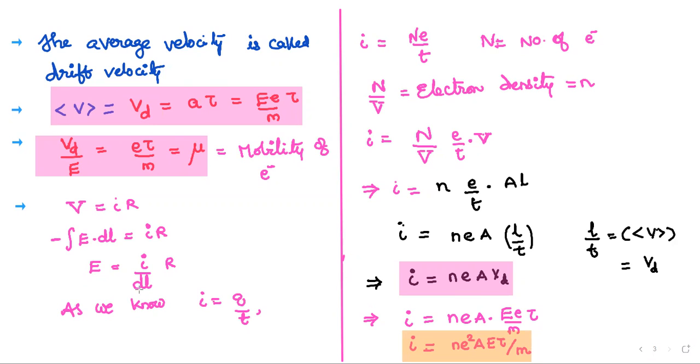Before going to these relations, to use this relation, first of all, how does the resistance depend on the dimensions? Because here the current I depends upon the area of cross section, that is, it depends upon the dimension. If the area of cross section is more, current is more, that is what we are finding out here.